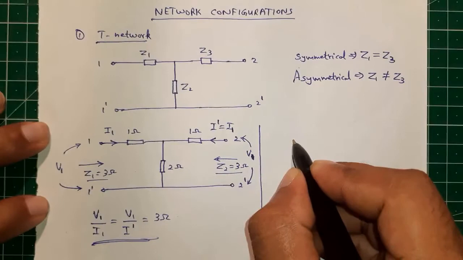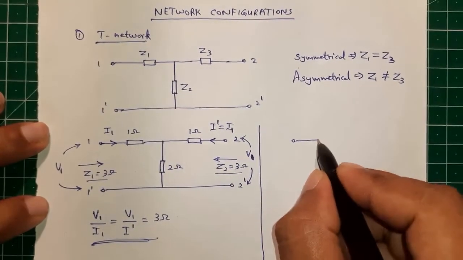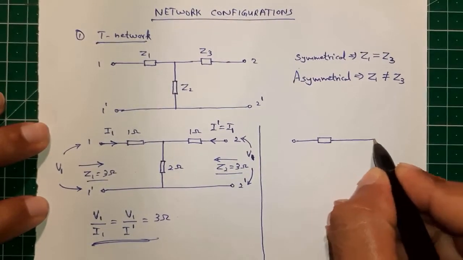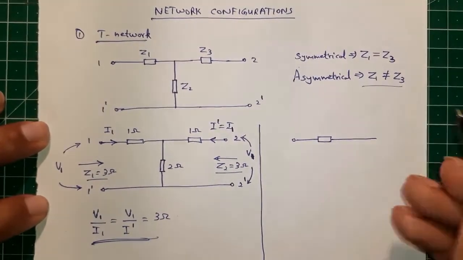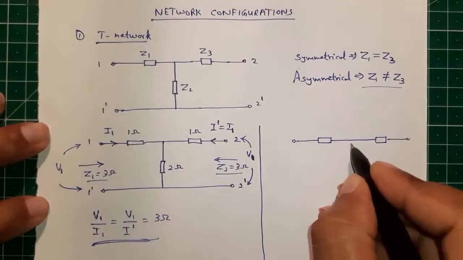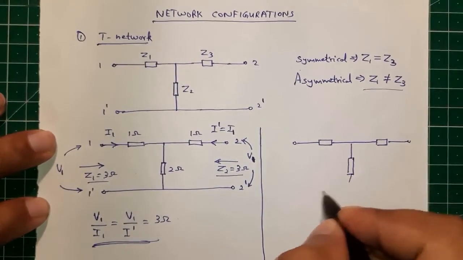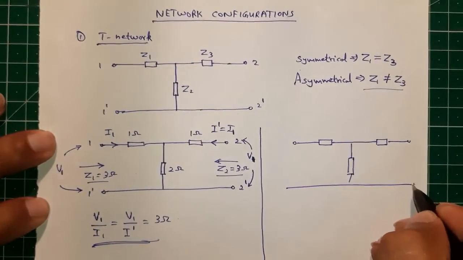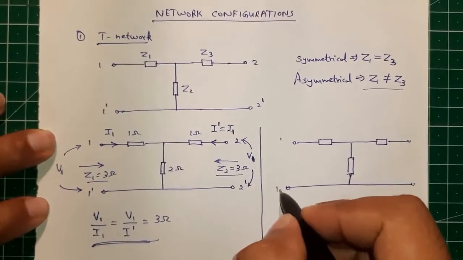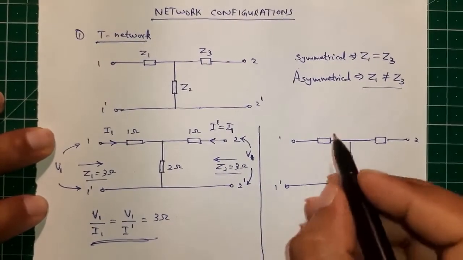Now what if the series branch impedances are not equal? That is, the case Z1 not equal to Z3. Now the network becomes asymmetrical.